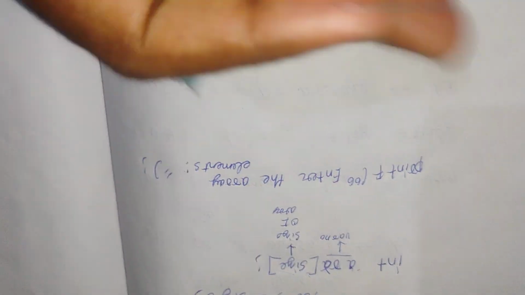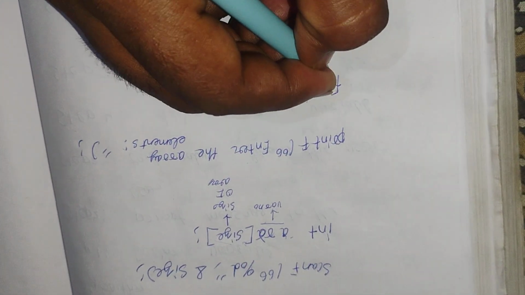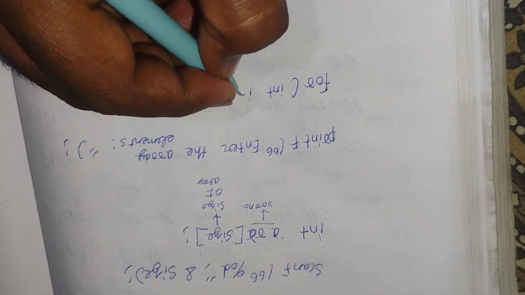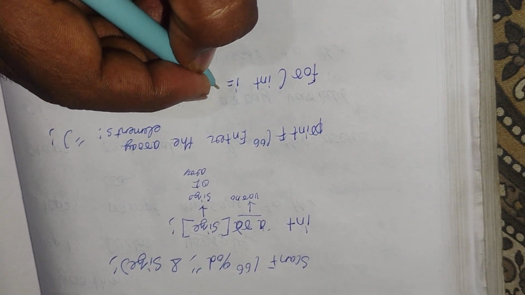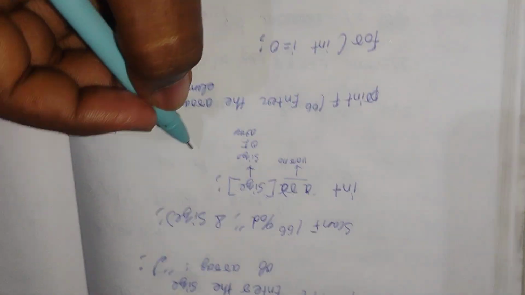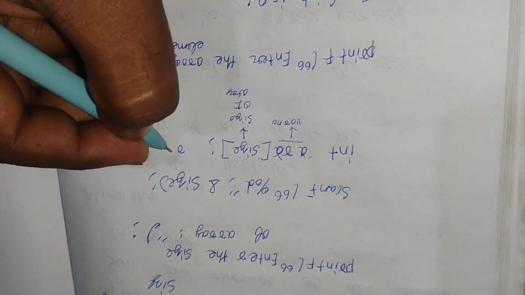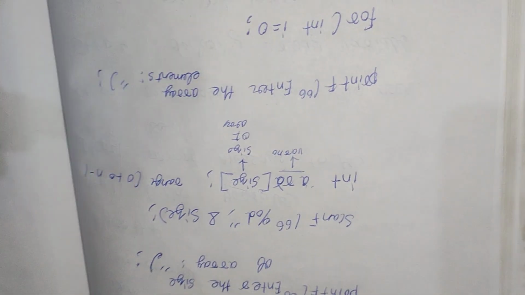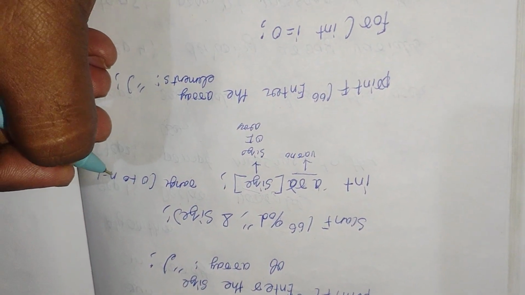For this again and again, what concept are we going to use? We are going to use looping. So I am going to use a for loop. Here I am declaring a variable int i is equal to 0, because the array index ranges from 0 to n-1, size-1, where n is the user input number.